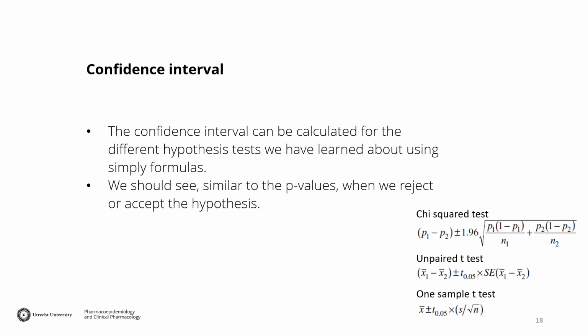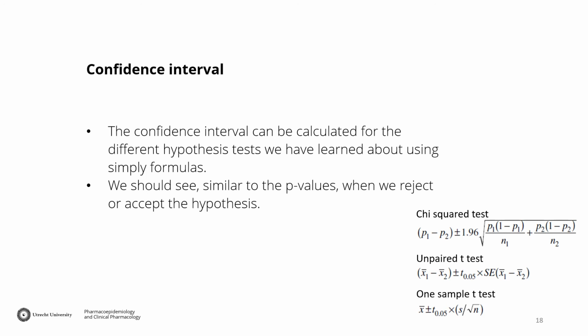For the unpaired t-test, here we have two groups and we have two means. So you would take the difference between those, plus and minus the t-value for the 0.05 p-value, and then you would multiply that with the standard deviation of the difference between the two groups.